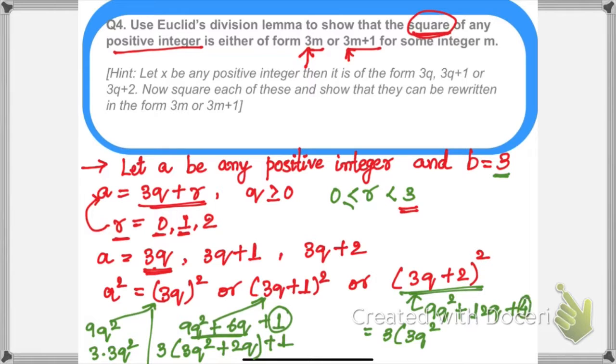Here this 4 can be written as 3 plus 1, right? So writing this 4 as 3 plus 1 and taking this 3 also common with these two, you will get here 3 into (3q square plus 4q plus 1) taking 3 common, and this 1 remains, so we'll write it outside.